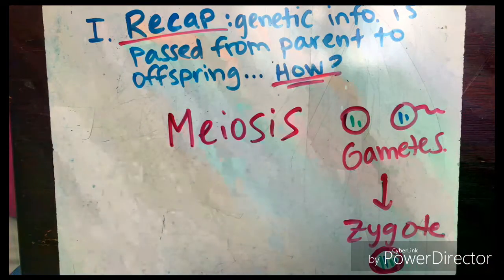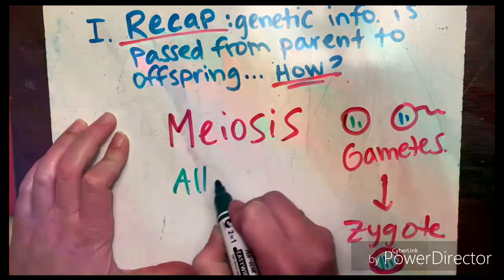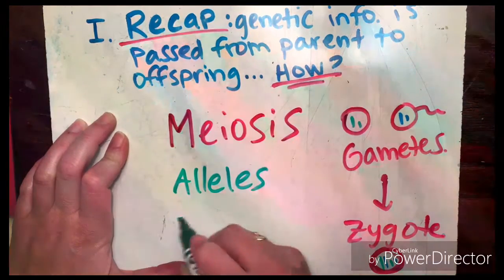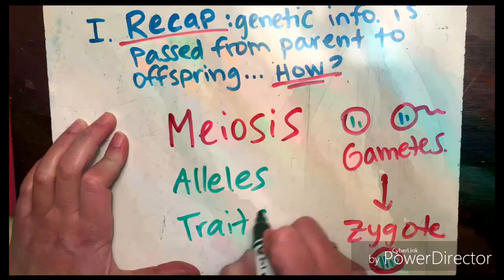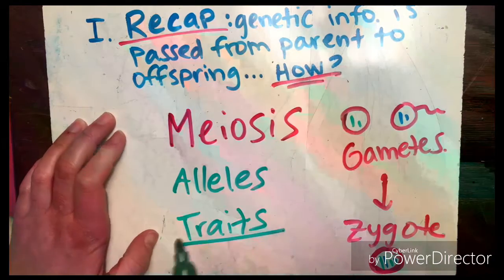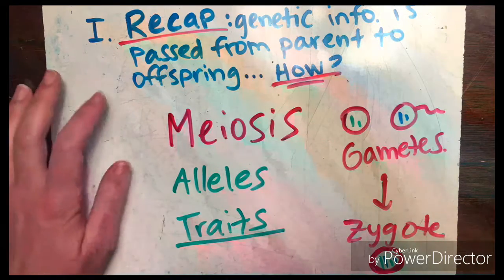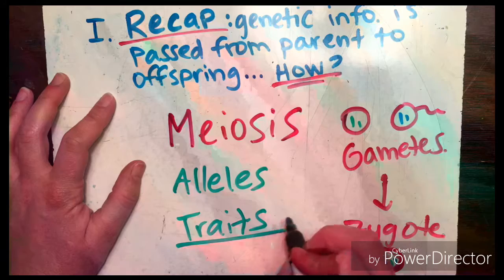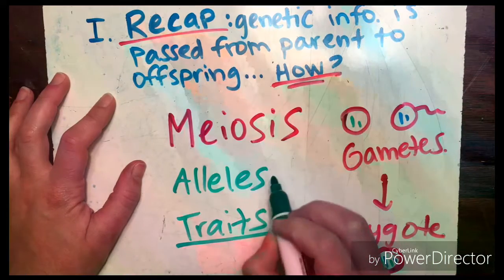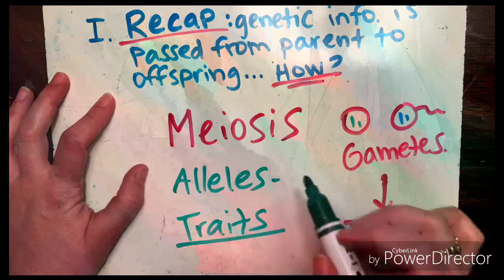So how does this all relate to genetics, specifically alleles and traits? So traits would be just an overall term, meaning some type of characteristic of an organism. An allele refers to a specific variation.